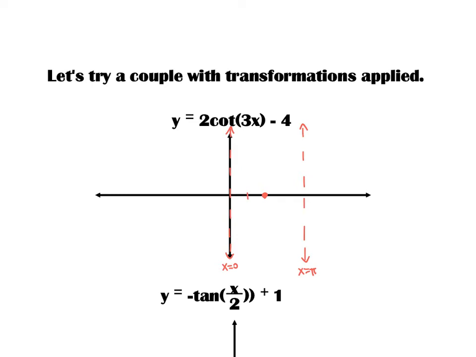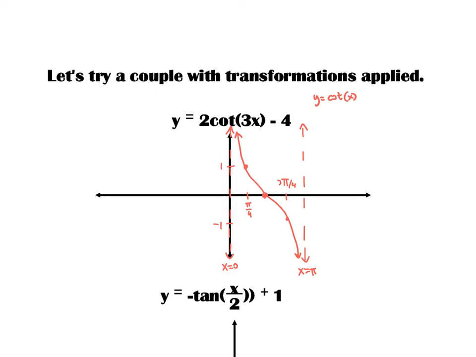It was 1 at x equals pi over 4, and it was negative 1 at x equals 3 pi over 4. So here's what the graph of cotangent of x looks like.